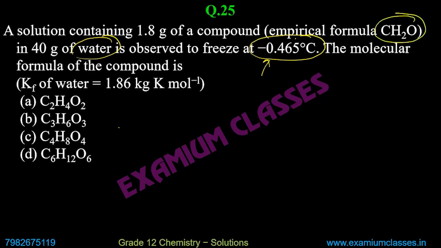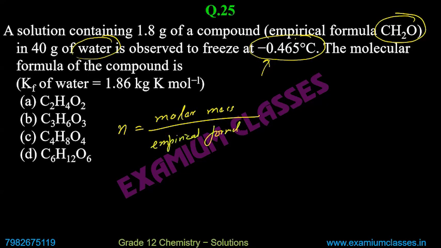You need to get the value of N, molecular formula mass divided by empirical formula mass. By this factor, you have to multiply the given empirical formula.